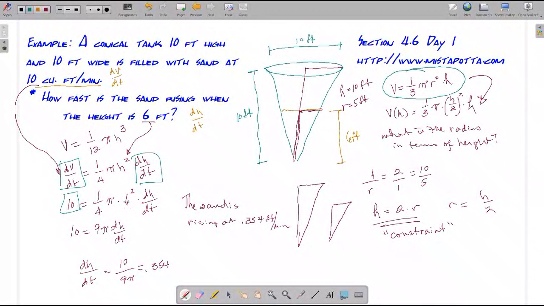We knew this was 10, we knew this was 6, and we isolate our unknown. And most importantly, the difference between having a solution and having an answer.